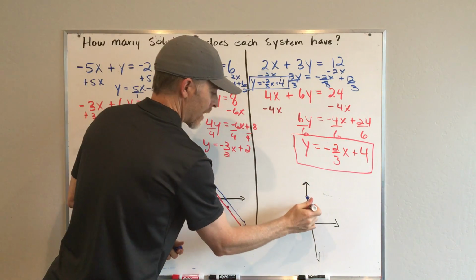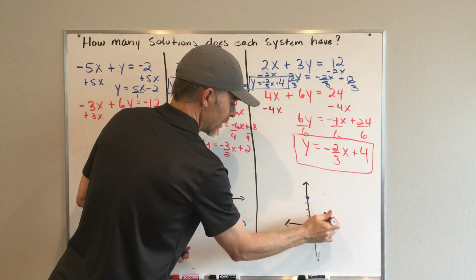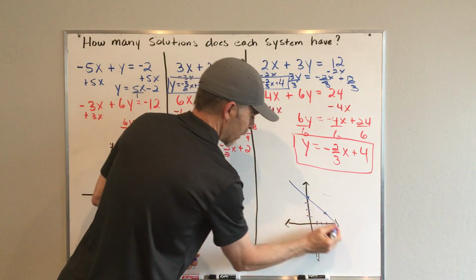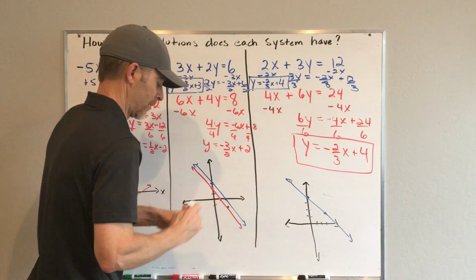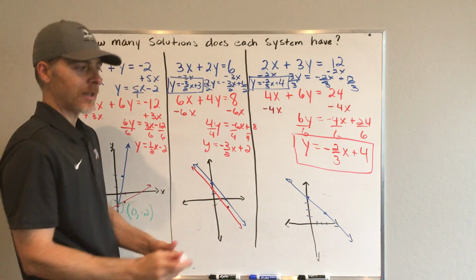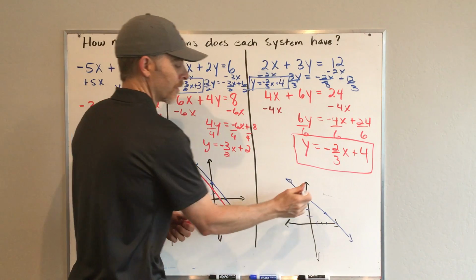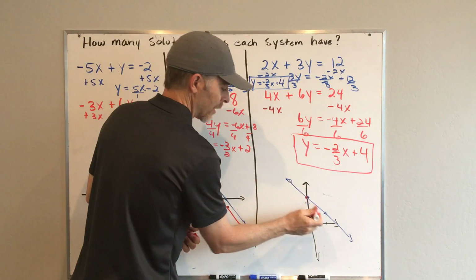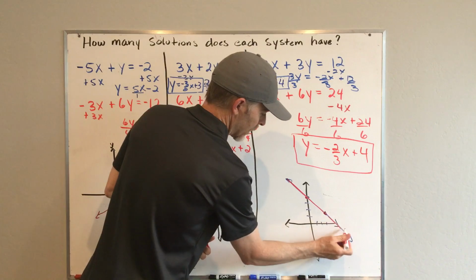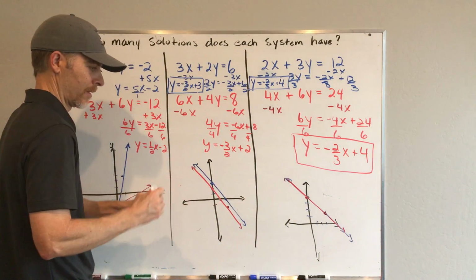The slope is down 2 over 3. There's our line. And the red line, the y-intercept is at 4. We go down 2 over 3. And you get exactly the same line.